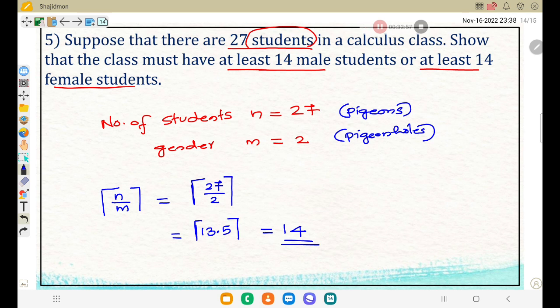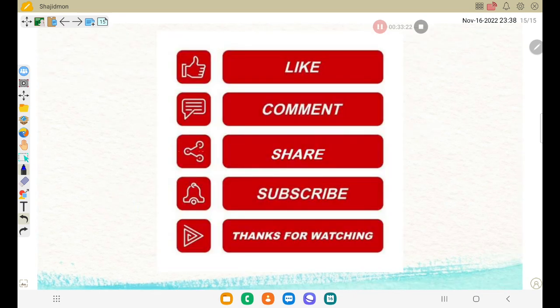One of the pigeonholes, meaning either male or female, correct? So at least 14 male students or at least 14 female students will be here, okay? So this is the idea of the pigeonhole principle. I hope you understood the idea here. Almost all the questions have the same idea. We did some questions here. I hope you understood the pigeonhole principle.